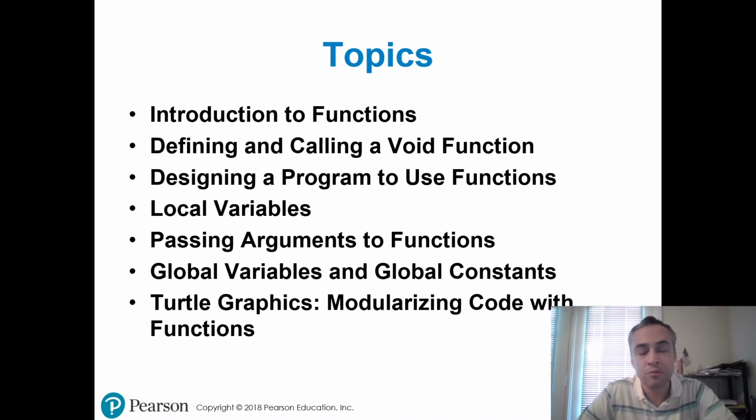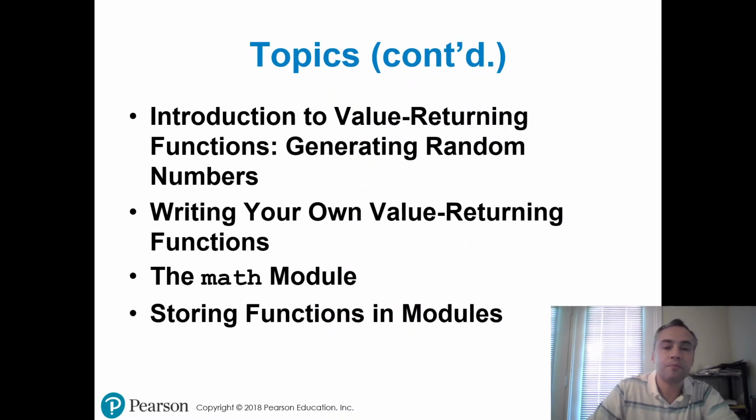There is a distinction between parameters and arguments. We will use functions to modularize the code. Later, we introduce value returning functions. I'm not going to talk about them in this video.